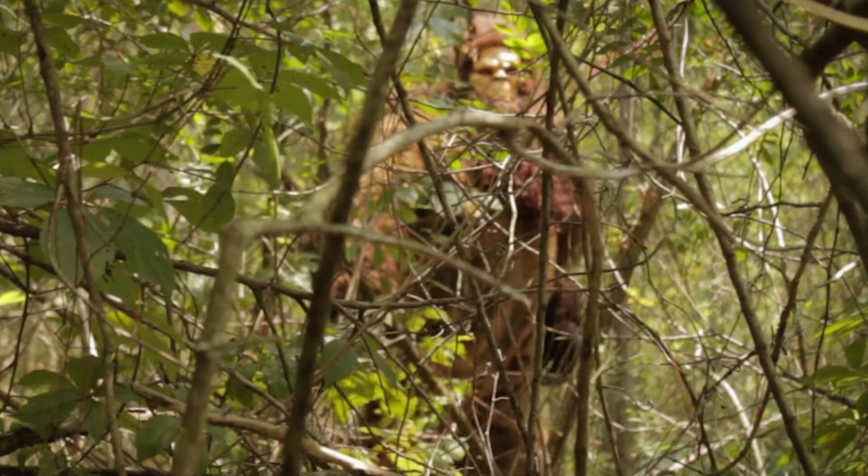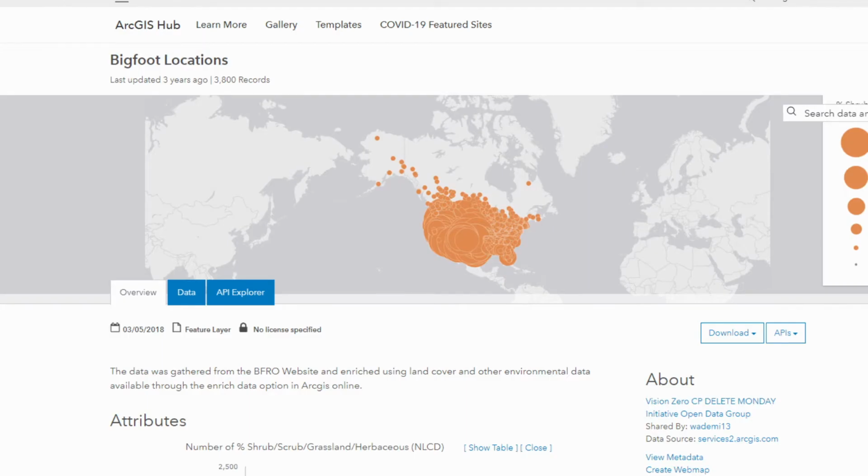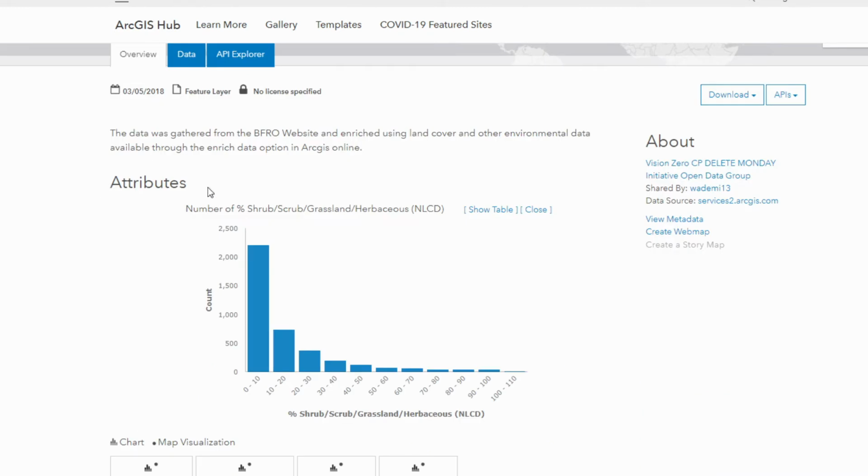These people have kindly supplied the data. It's the ArcGIS Hub, hub.arcgis.com. This data was gathered from the BFRO website and enriched using land cover and other environmental data available through the Enrich Data option on ArcGIS Online.